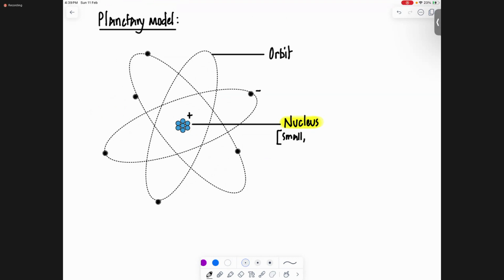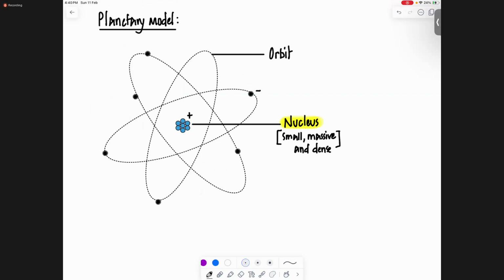It is very massive. Now, you may feel that sounds like opposites. How can something be small and massive? In physics, massive has nothing to do with size. It has to do with mass. And yes, the nucleus is very heavy. And because it's small and massive, naturally, it is extremely dense. So the nucleus is small, massive, and dense.